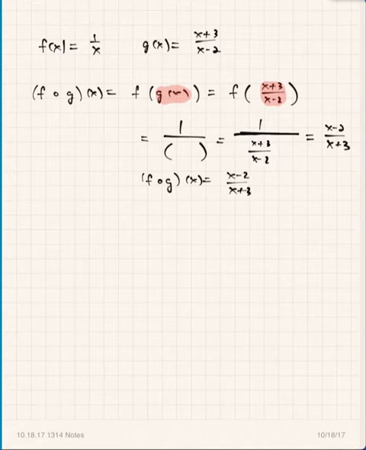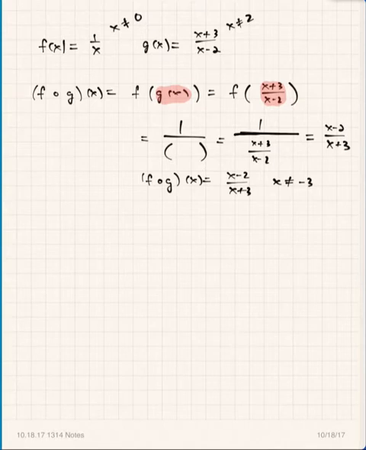Now these functions have all sorts of restrictions on them when you've got composition like this. When you have fractions, the first one, the restriction was that x couldn't be 0. The second one, the restriction is that x can't be 2, because remember, you can't have 0 in the denominator. And so those restrictions, in some ways, carry over to this last function. And notice this last function also has a completely separate and new restriction that x can't be negative 3.